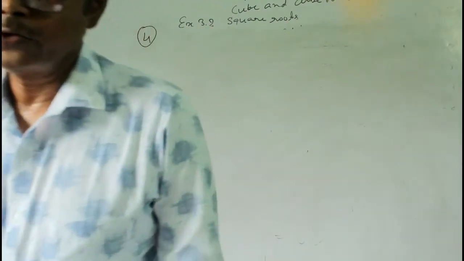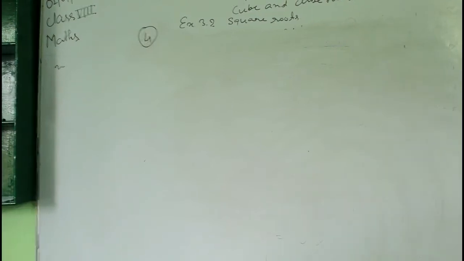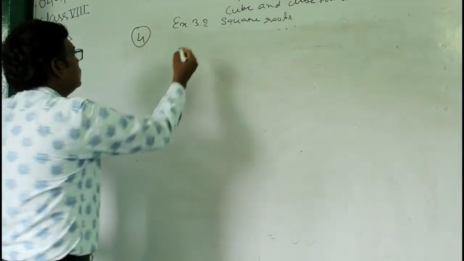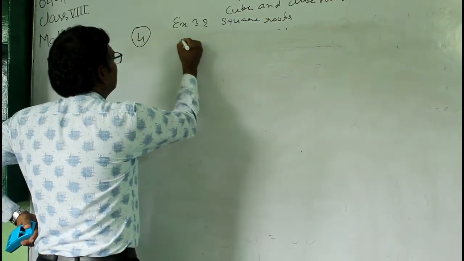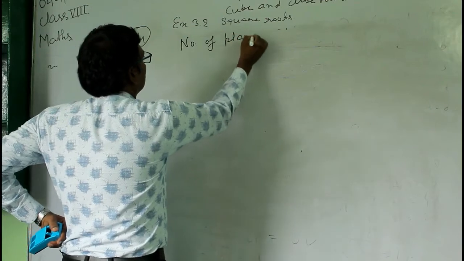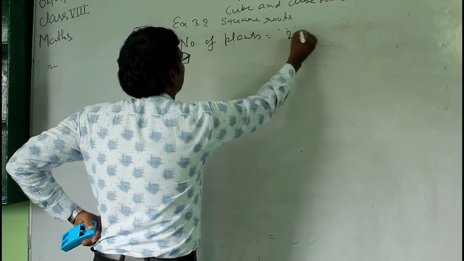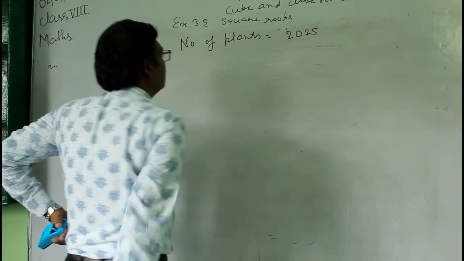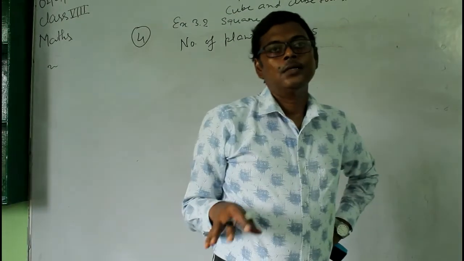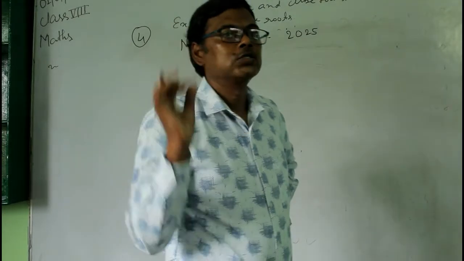So first understand the question. The number of plants is equal to 2025 and the farmer has planted the plants in such a way that it forms a square.